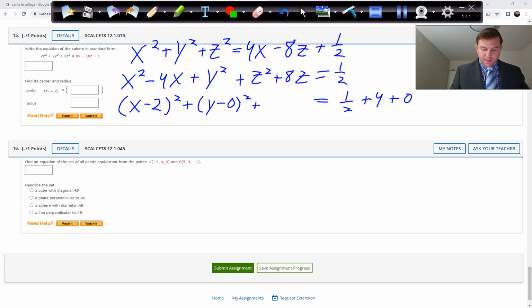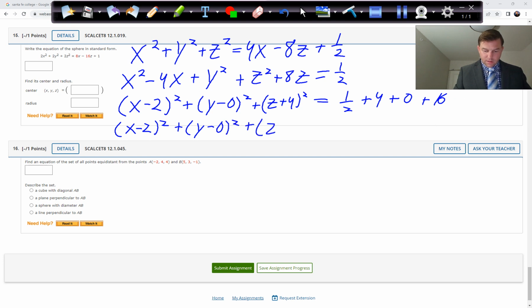And then we're going to write this as z plus 4 squared and add 16 because 4 squared is 16. So we're going to get x minus 2 squared, y minus 0 squared equals 20.